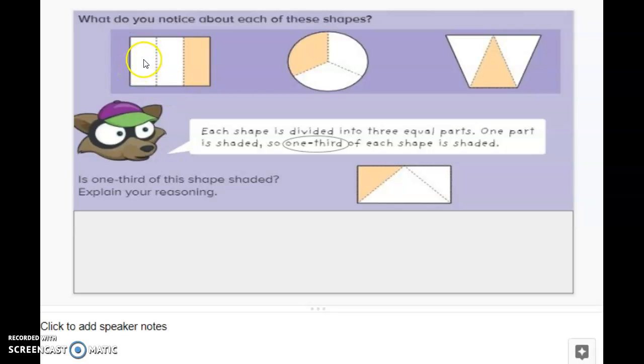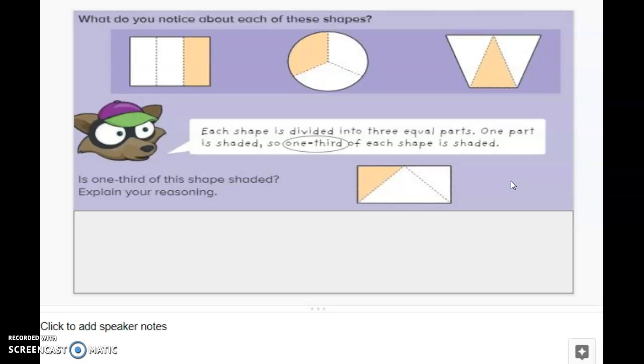They were the same size, the same shape. So here they said that they did split it into 3s, but are all my pieces the same shape? No. So that means that I cannot say 1/3 because it is not equal parts. This is not an accurate fraction.